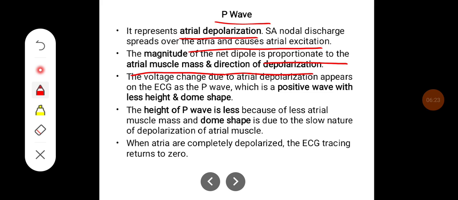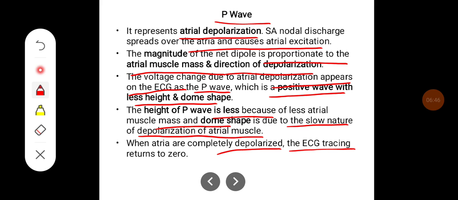The voltage change due to atrial depolarization appears on the ECG as a P wave, which is a positive wave with less height and dome shape. The height of the P wave is less because of less atrial mass, and the dome shape is due to the slow nature of the depolarization of atrial muscle. When the atria are completely depolarized, the ECG tracing returns to zero.